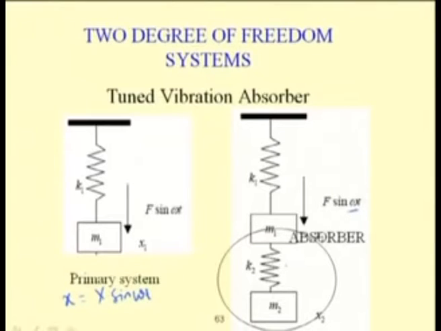If one uses a spring and mass in such a way that omega equals root over k2 by m2, then it can be shown that the amplitude of vibration of the primary system can be reduced to 0, and at the same time the secondary spring and mass system will vibrate with a frequency equal to that of the applied force.